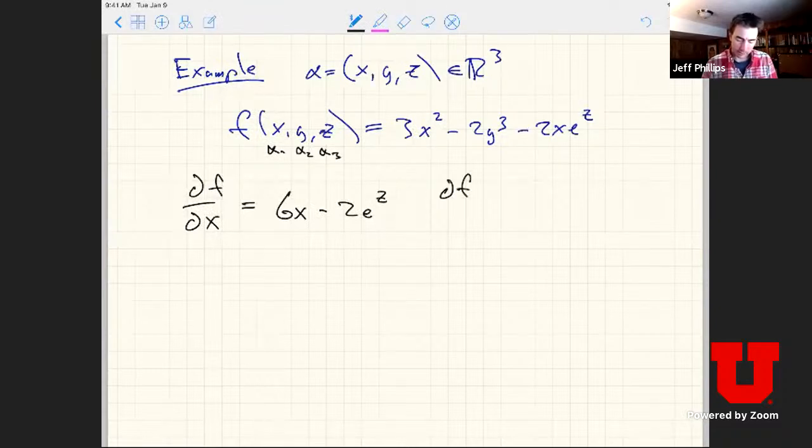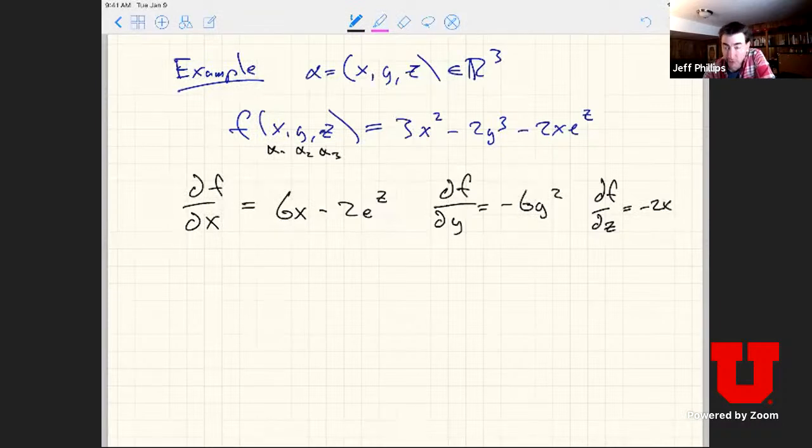df/dy only shows up in the second term. So this should be minus 6y squared. And df/dz only shows up in the third term, and this is going to be minus 2x, which are constants, and then the derivative of e to the z is e to the z.